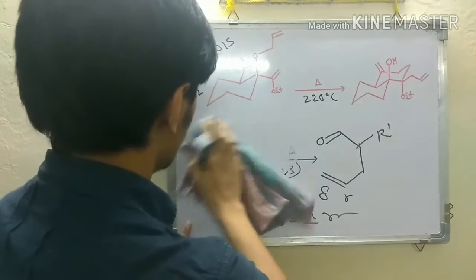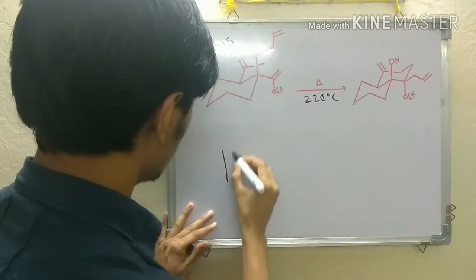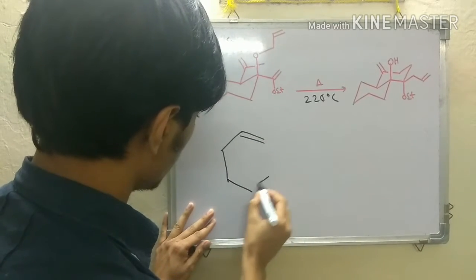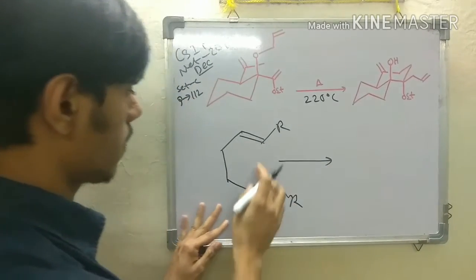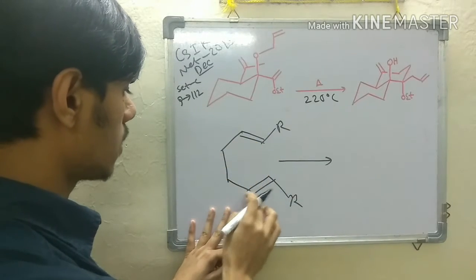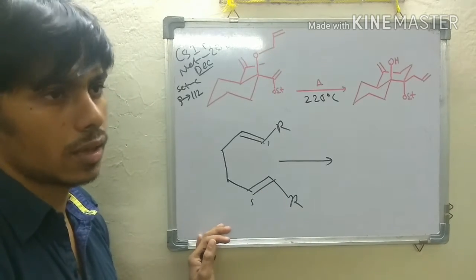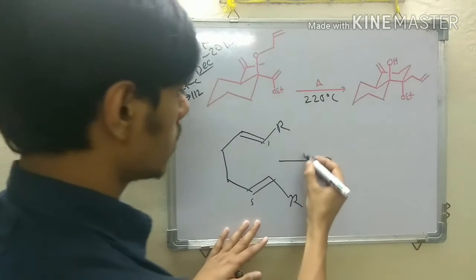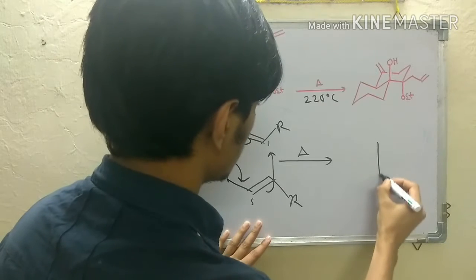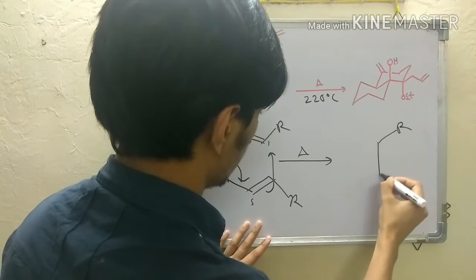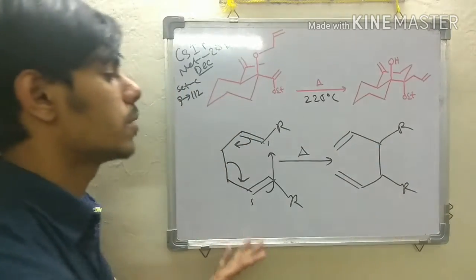Now let us talk about the Cope reaction. It is basically a reaction of this substrate, 1, 2, 3, 4, 5, 6. A 1,5-diene, not conjugated, when it is heated, will rearrange like this, and again a 1,5-diene is produced, but the substituent pattern alters.